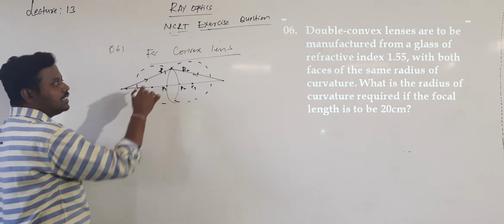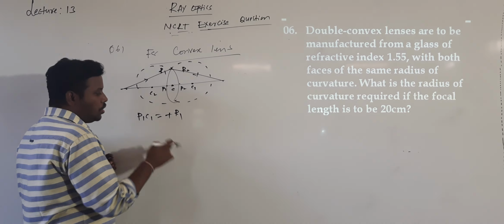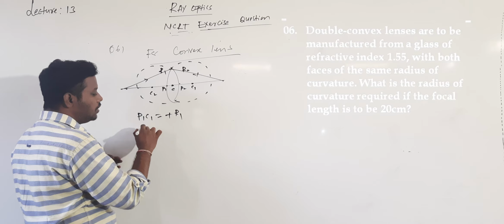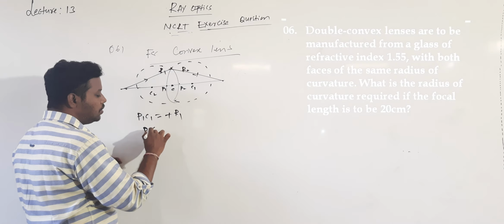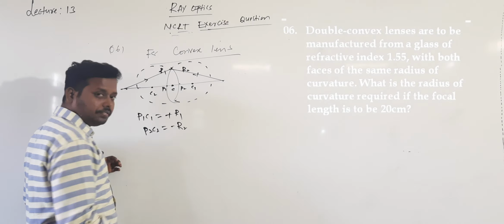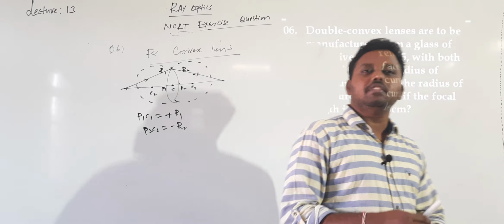Why plus R1? Because it is measured in the direction of the incident ray. The distances measured in the direction of incident ray are positive, and similarly P2C2 is opposite, so it is minus R2. For a convex lens, R1 is positive and R2 is negative.